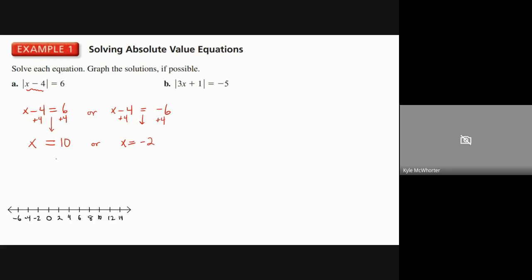Then to graph this, you just put a dot where x is 10, and a dot where x is negative 2. So right here, this is the solution in the graph for part A.